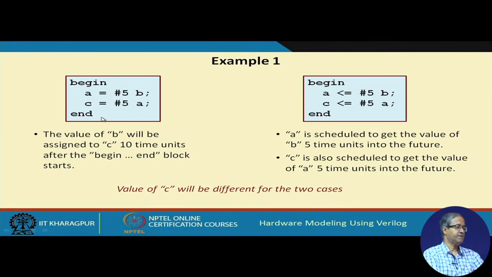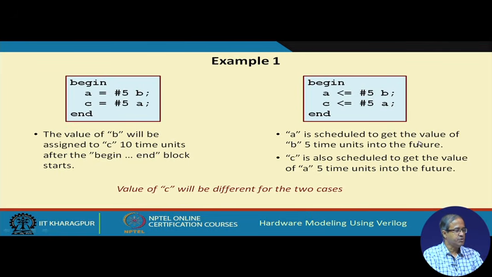This will happen here. Now, if you use a non-blocking assignment statement, what will this mean? Here the time delay does not mean that you first finish this after time 5, then again after time 5 do this. No, it will mean that you evaluate the right hand sides.